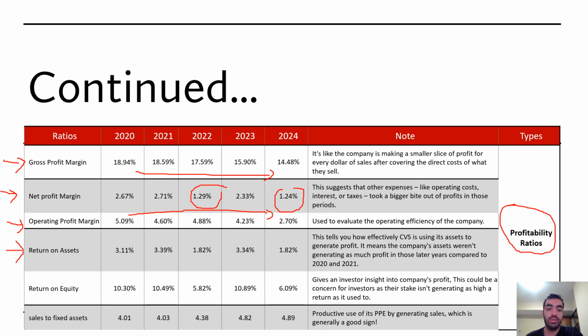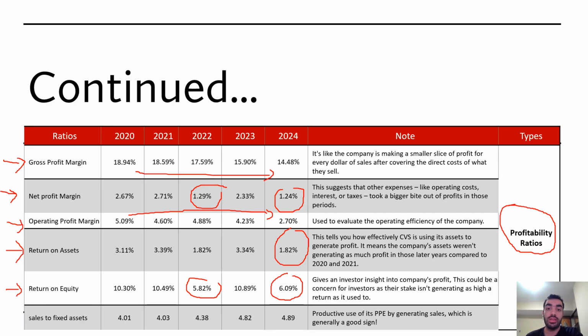Another is return on assets. Return on assets was lower in 2024 compared to earlier years, showing reduced profitability from asset usage. If you see the return on equity, it is similar to return on investment, with dips in 2022 and 2024.